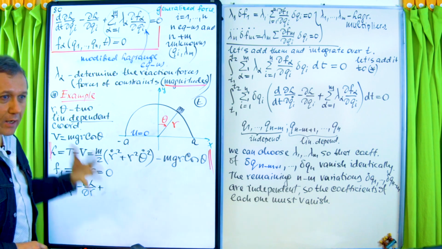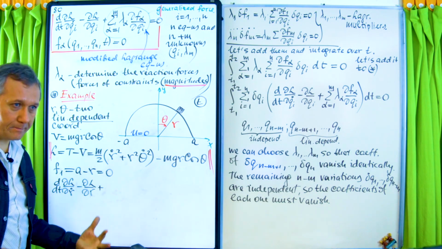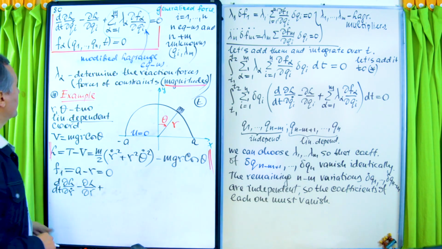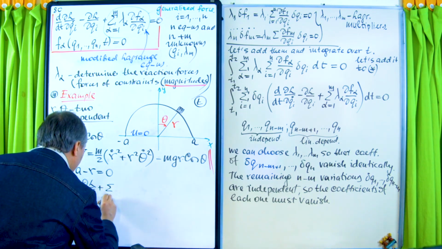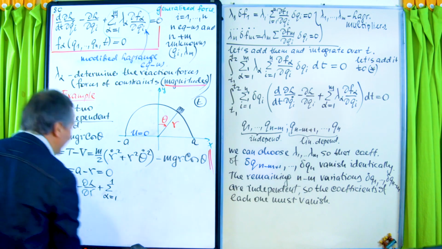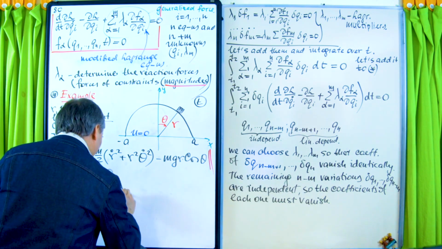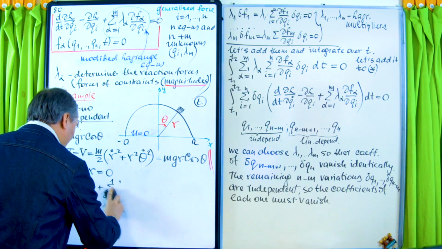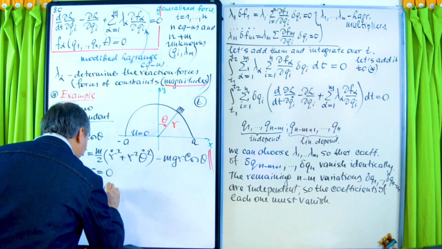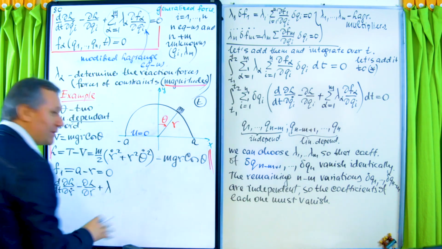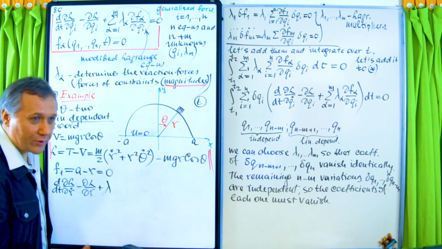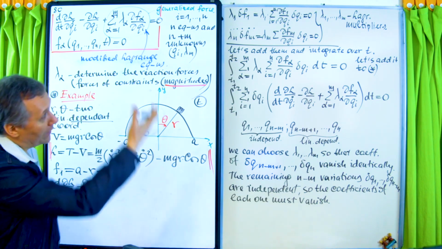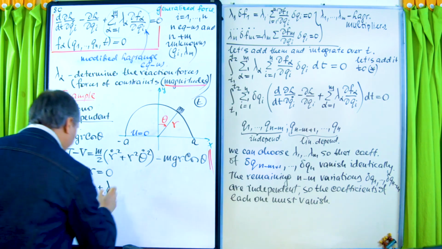You remember, m counts the number of constraints, n the number of coordinates. So the summation from alpha equals 1 to 1, lambda, and I will drop the subscript because we have only one lambda. Since we have one constraint, of course, we have only one multiplier.